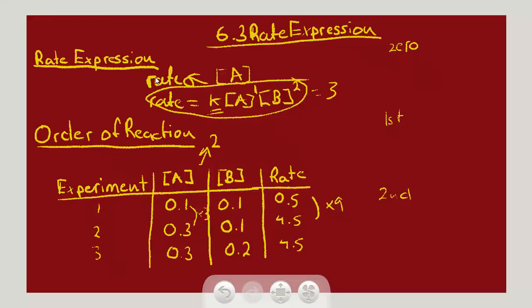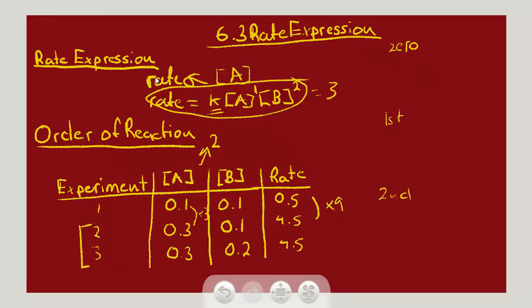So to determine the order of reaction for the concentration of the substance B, we would have to do the same thing, except we would have to make sure that the concentration of A would be the same, so we can compare the rate. So that would take place in experiments 2 and 3, with the concentration of A staying the same at 0.3 in both experiments.